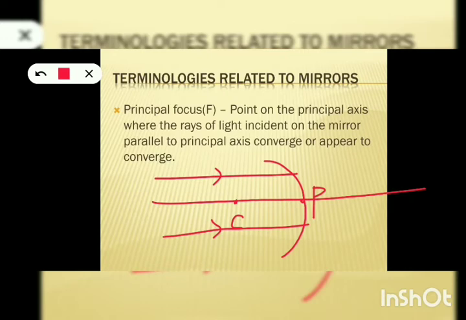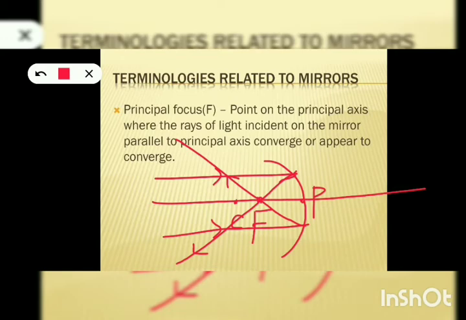As soon as the rays fall on the reflecting surface of the mirror, they will be reflected. This ray will be reflected like this, and this ray will be reflected like this. Both the reflected rays meet at a point, and this point is known as our principal focus. Here the rays have converged to a single point on the principal axis.